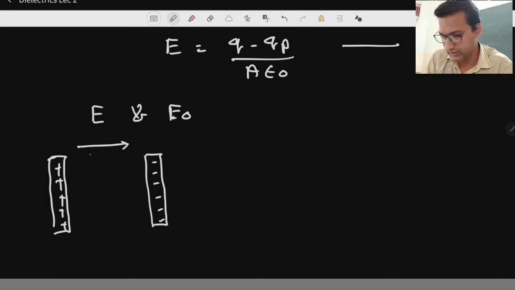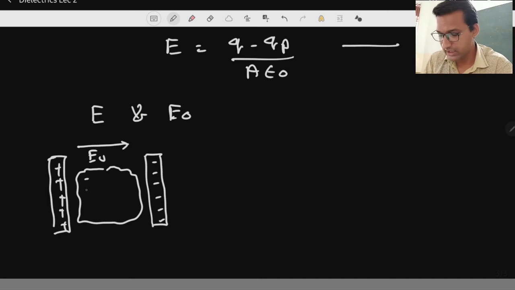The electric field is from the positive charge to the negative charge. Now there is no medium in between. But once we introduce a dielectric medium, there will be induced charges, or polarization of charges, and we will have this charge density on the dielectric medium.